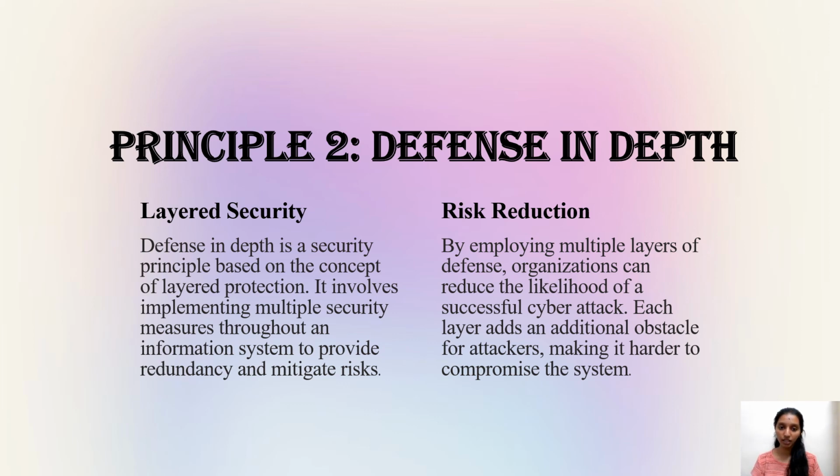It is known as layered security. Risk reduction: by employing multiple layers of defense, organizations can reduce the likelihood of a successful cyber attack. Each layer adds an additional obstacle for attackers, making it harder to compromise the system.